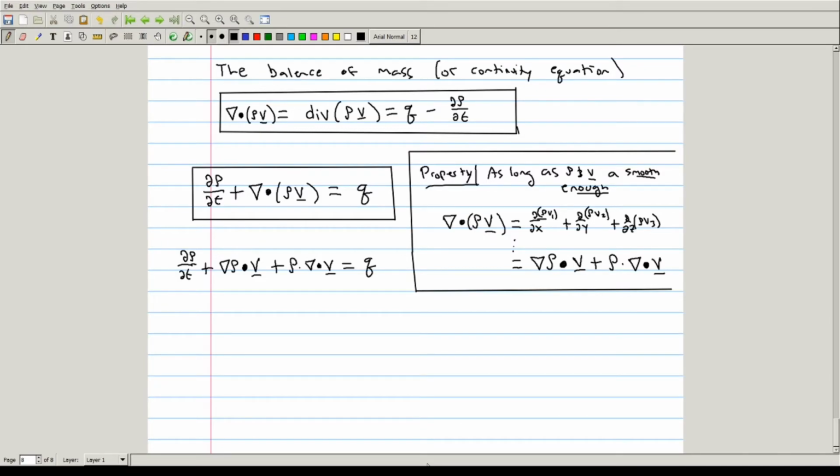And we can simplify this a little bit more. The first two terms in this summation are what's known as the material derivative.